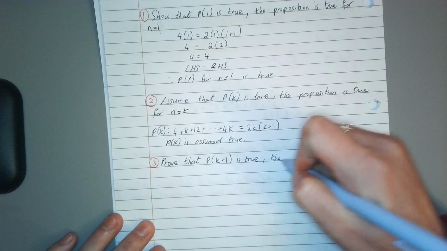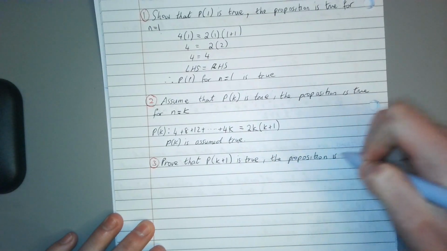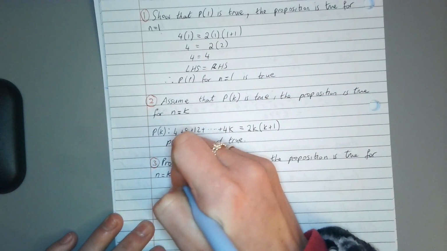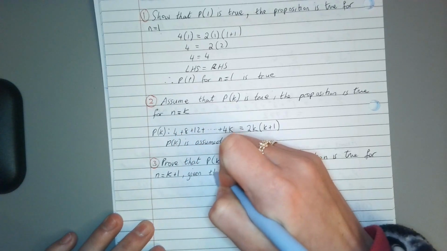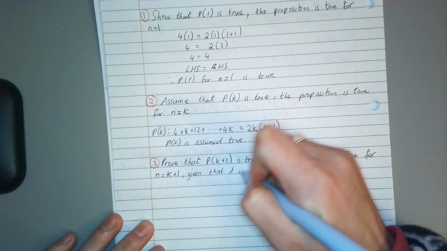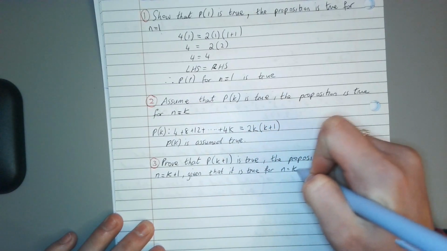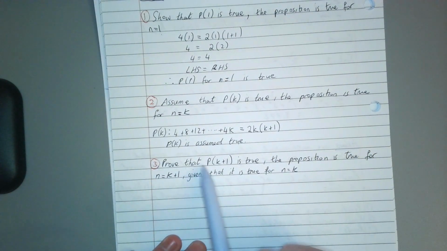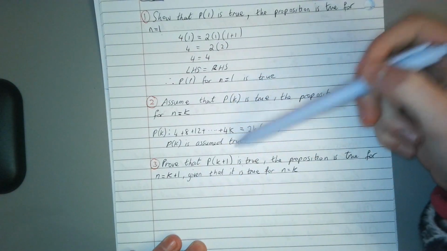Okay, so we want to prove that the proposition of k plus 1 is true, or the proposition is true for n is equal to k plus 1, given that it is true for n is k, which is really important. So you cannot do step 3, k plus 1 is true, if you haven't made the assumption that k is true.